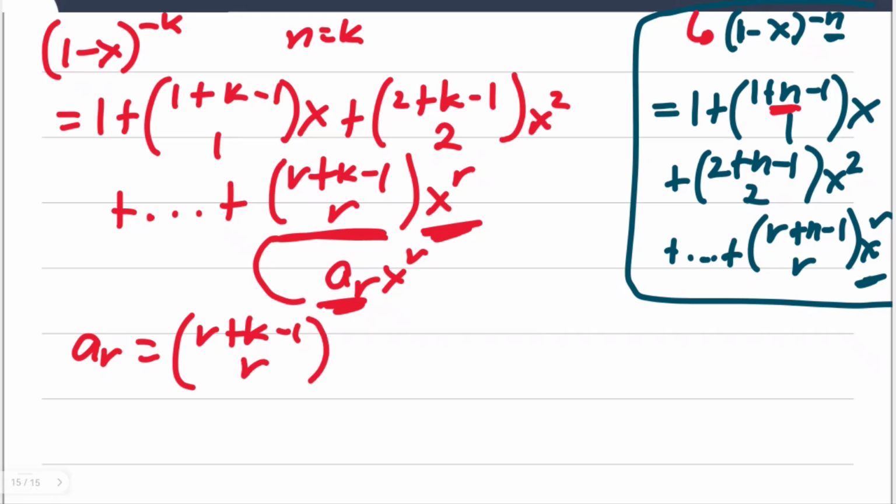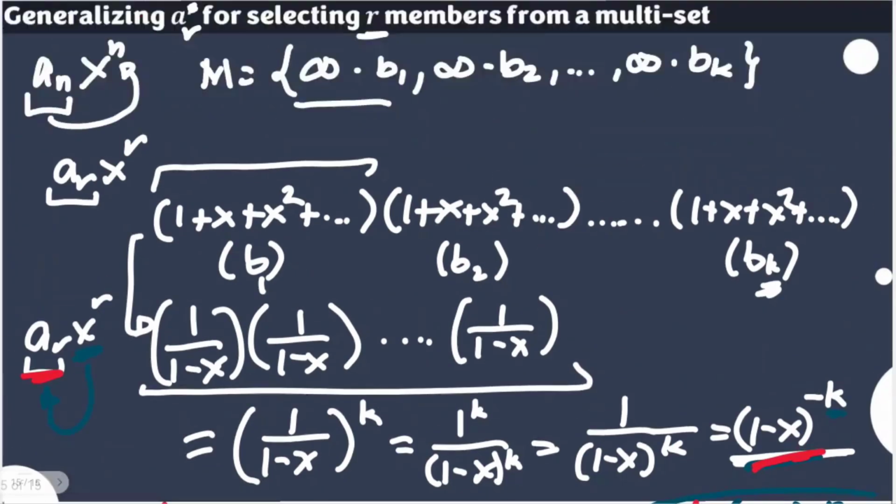So if you are just asked about the number of ways of selecting r members, regardless of what that r is, from the multi-set where the number of duplicates for certain items are infinitely many, simply take out this formula where r, again, is the number of members you're choosing from the multi-set. K would be the number of distinct objects from that multi-set, and then minus 1, combination r. This is the formula we'll be using for this specific type of situation.